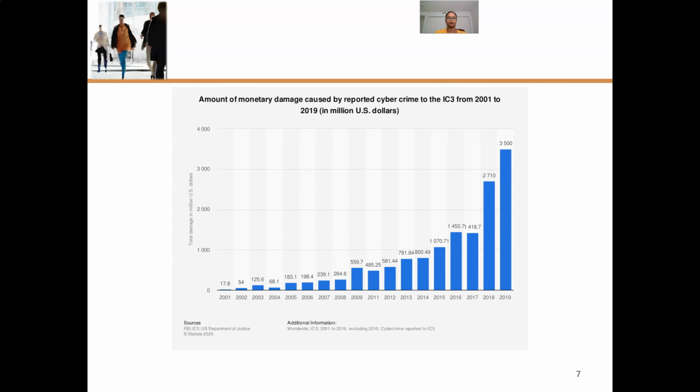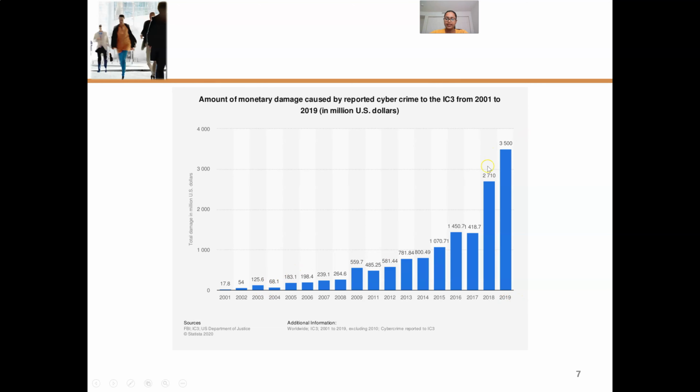So here, as you can see, the data shown from 2001 to 2019, the damage caused in $1 million. This is not just hundreds or $1,000. Everything is in $1 million.